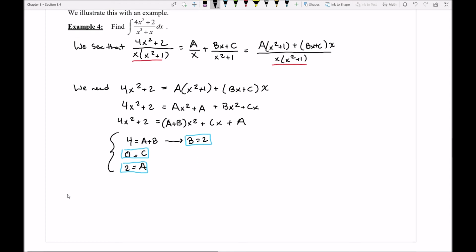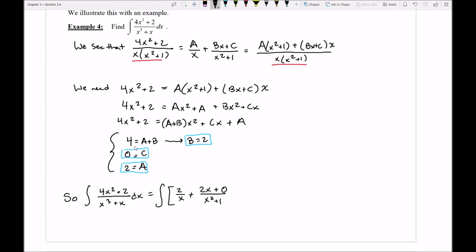So my integral, 4x squared plus 2 over x cubed plus x, that's going to be equal to an integral of, and again, I'll write a over x, so 2 over x, plus 2x plus 0 over my x squared plus 1.